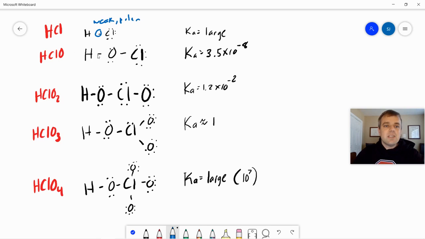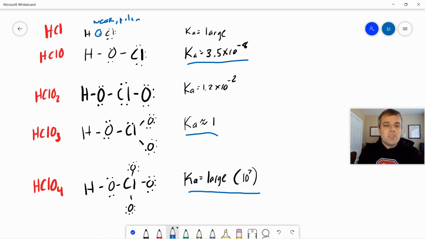But for any of these acids, essentially, you'll notice the acid strength goes from HClO, 3.5 times 10 to the negative eighth. That's a very weak acid. Whereas perchloric acid, its K is very large, and chloric acid is one that you're almost never asked about because it really straddles the line between being a weak acid and a strong acid.